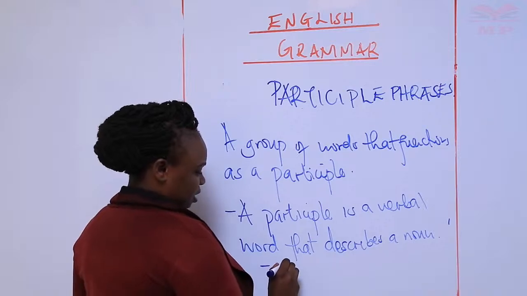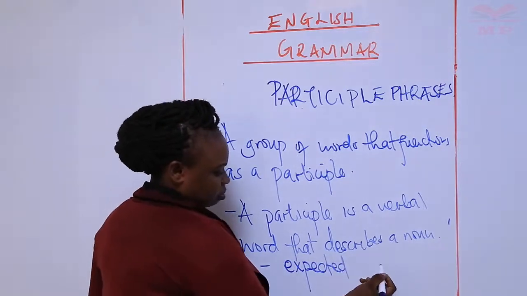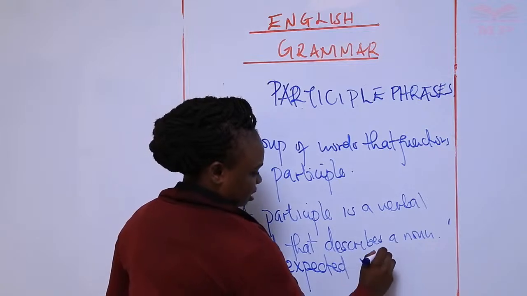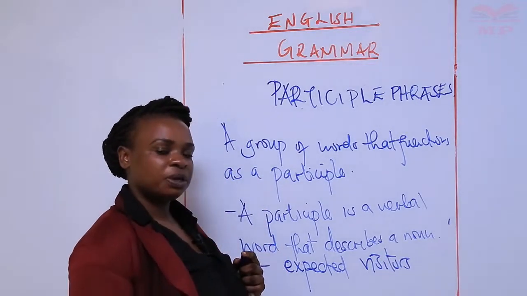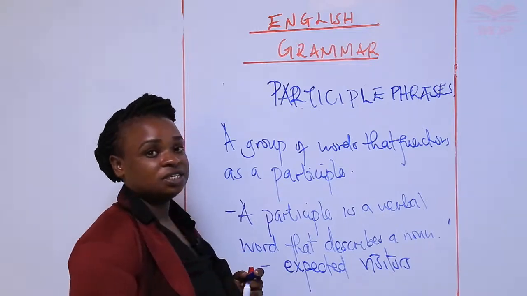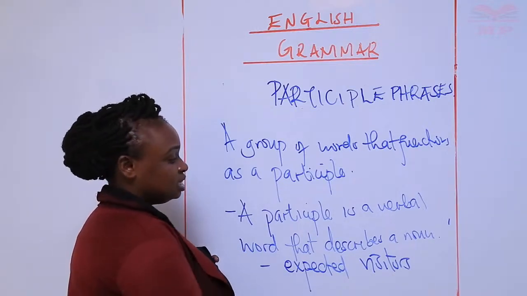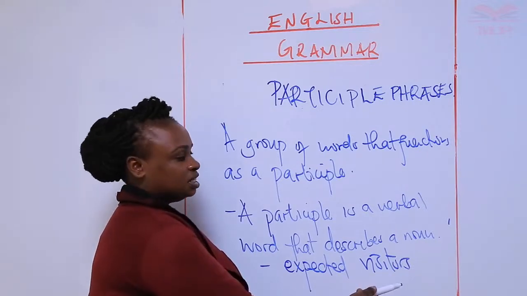For example, we say that expected gives us more information about visitors, so that in a sentence you can have: the expected visitors have arrived. So expected there is not used as a verb, rather it is used as a participle where it gives us more information about the noun visitors.